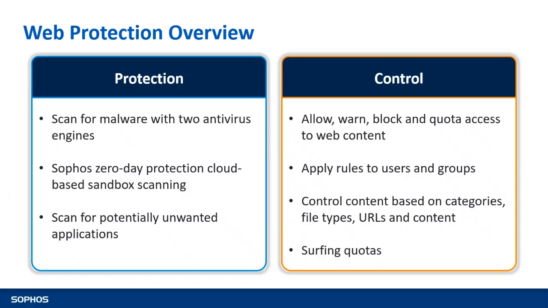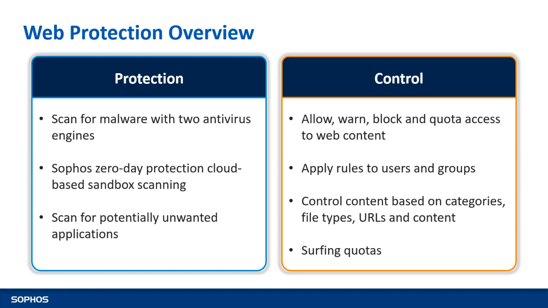So, the web protection can be used to defend against malware and control users' behavior. The firewall can scan for malicious content using two virus engines, Sophos and Avira, okay? And if additional checking is required, it can leverage zero-day protection, a Sophos cloud-based sandbox solution.